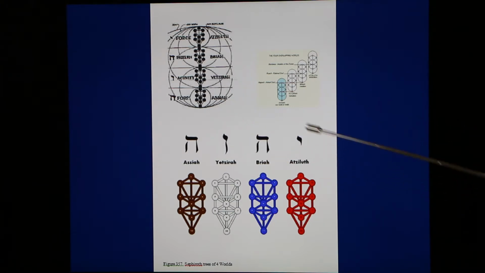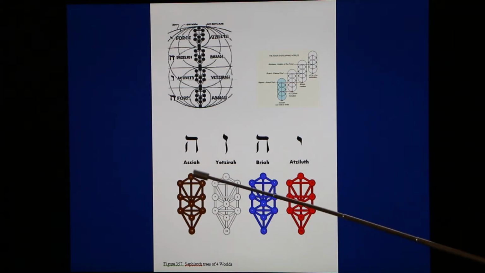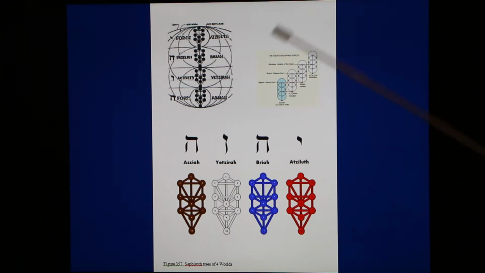So you have 4 letters, are 4 worlds, are 4 trees of life, which in itself connect all the 22 letters, and the connections between them are the 32 paths connecting the letters. So the letter is the world and is at the same time the starting point for the tree, which is belonging to one world and then going on to the next.